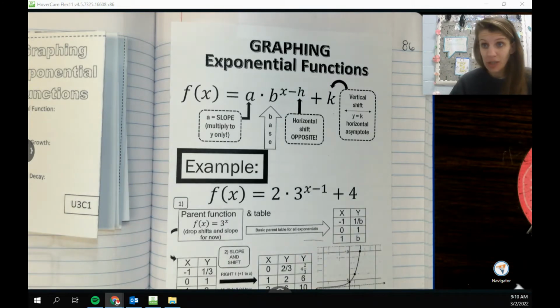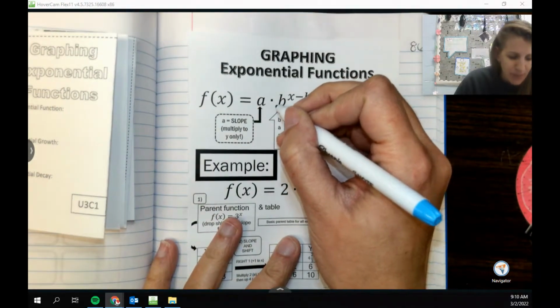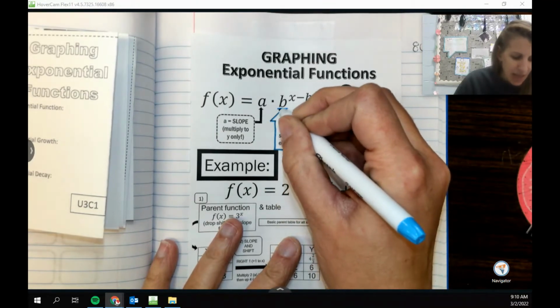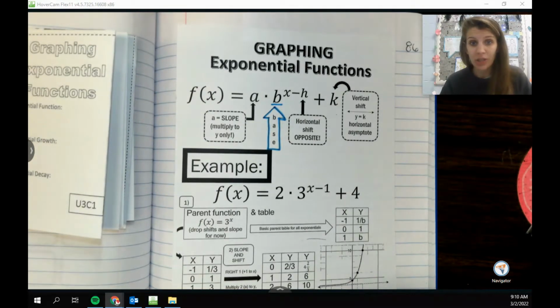So the first new thing that we have with an exponential graph is we now have to consider this b value right here. b is the base of my function, which can also make the parent function change a little bit.